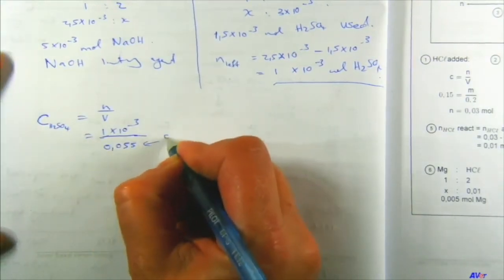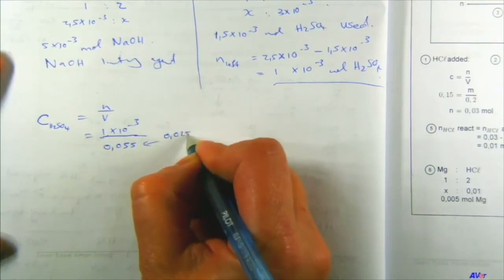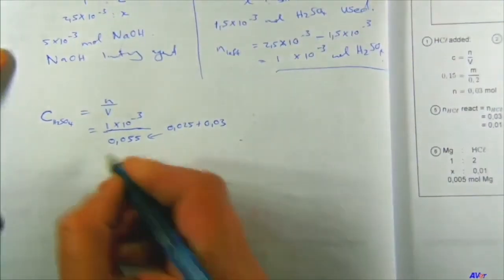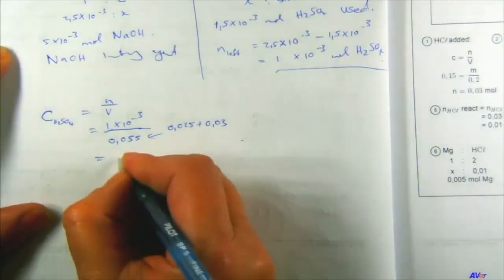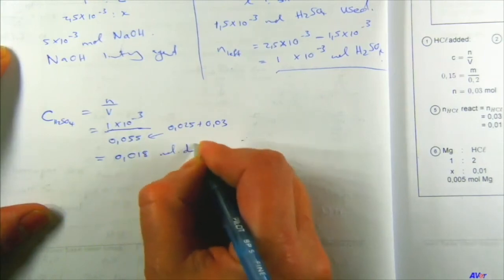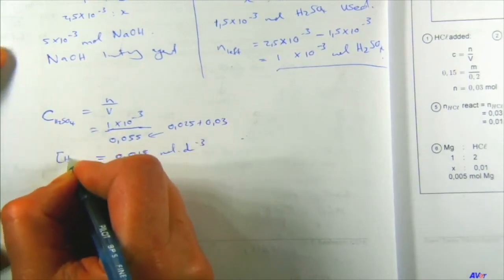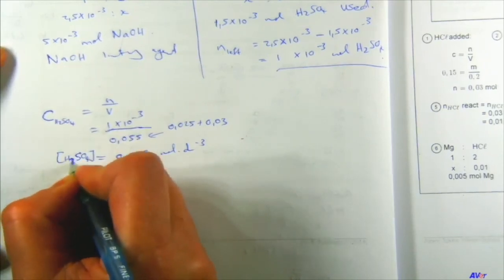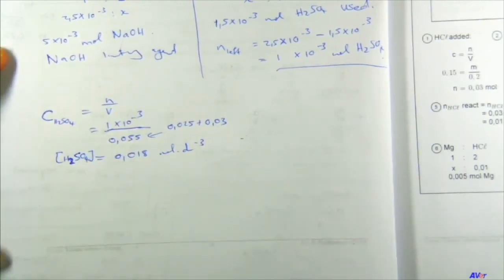So it is the 0.025 plus the 0.03. All in the same container. And now you get the concentration is 0.018 moles per cube decimeter. And that is the H2SO4 concentration.